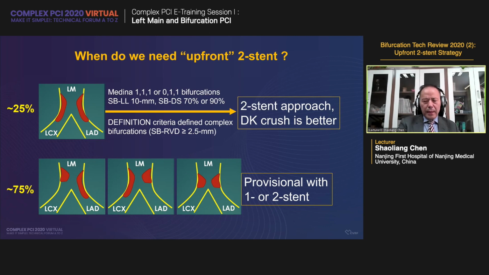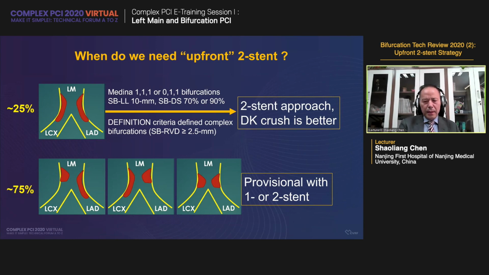Of the two-stent techniques, personally, I'm very confident that DK crush will be much better than any other kind of two-stent technique. For the remaining 75% of simple bifurcation lesions, for example, Medina 110, 101, or even Medina 100, I think the provisional stenting technique will be the primary treatment.